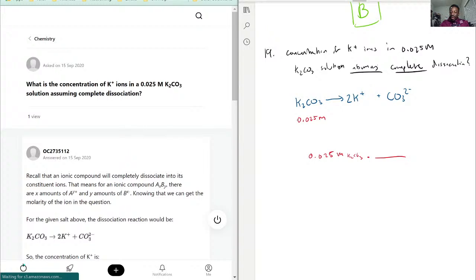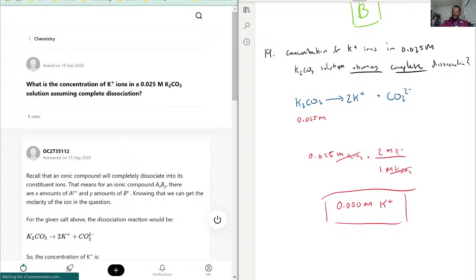Okay, and you can see here, based on this formula, 1 molarity of K2CO3 is equal to 2 molarities of K plus. So now we can cancel these out, and it's going to be 0.025 times 2. So we're going to have 0.050 molarity of K plus.